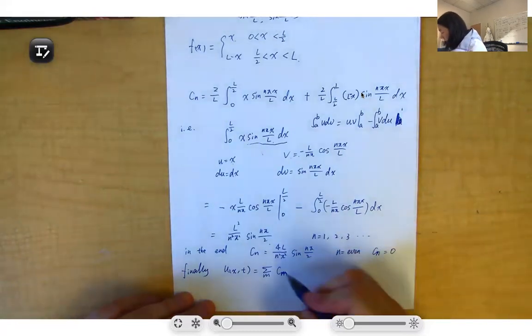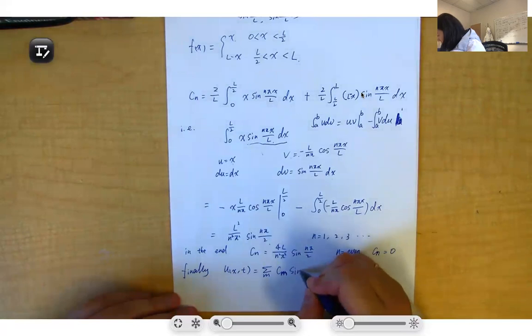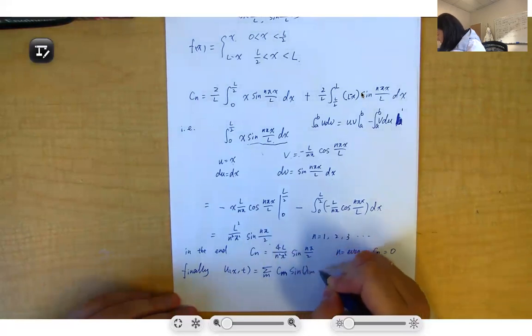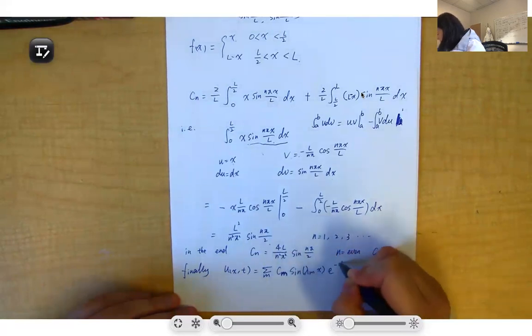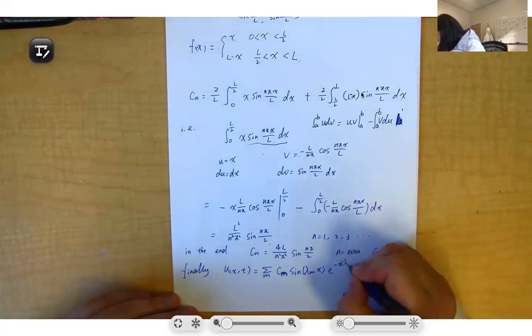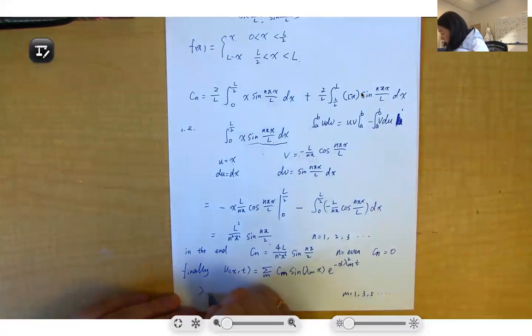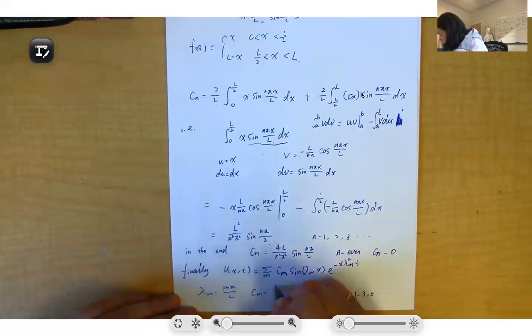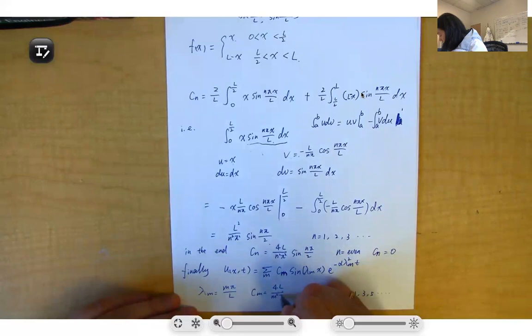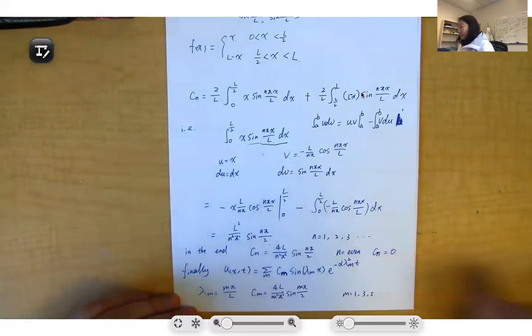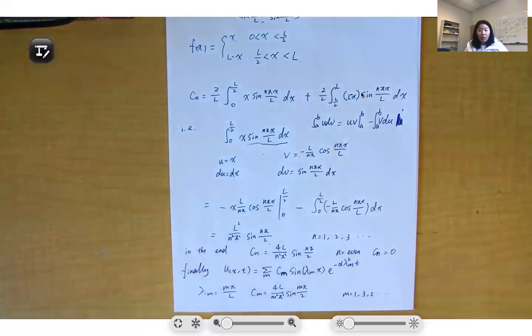Cm times sine lambda m x times e to the minus alpha lambda m squared t, where lambda m equals m pi over L, and Cm equals 4L over m squared pi squared sine m pi over 2. Okay, so this is our final solution of the PDE.